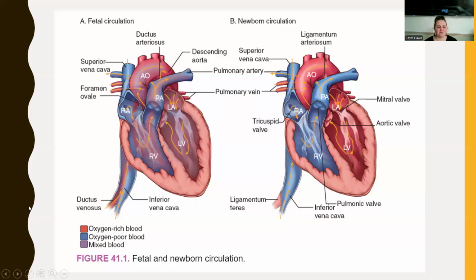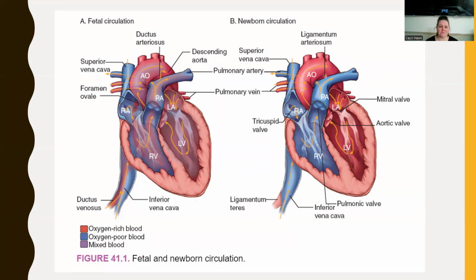So this is figure 41.1 in your textbook on page 1351. It gives you a good picture of A, fetal circulation, and B, what happens when a baby is born and newborn circulation occurs.